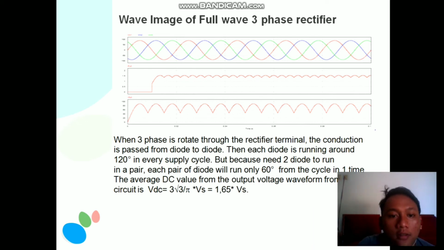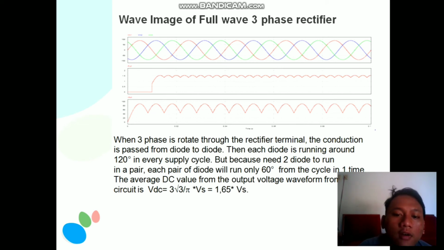The explanation is that when the three phases rotate through the rectifier terminals, the conduction passes from diode to diode. Each diode runs around 120 degrees in every supply cycle. But because two diodes need to run as a pair, each pair of diodes runs only 60 degrees of the cycle at one time.